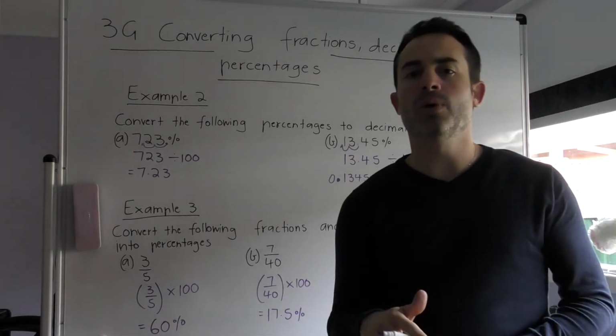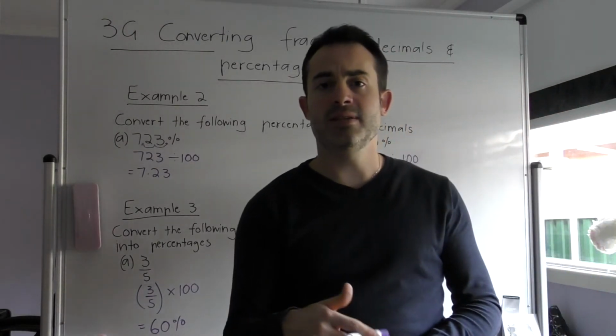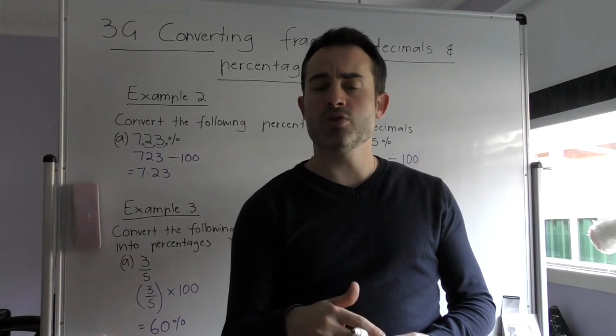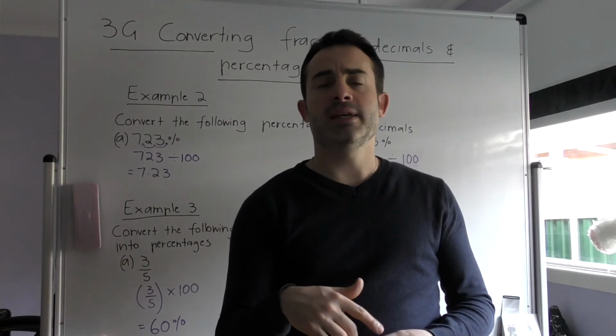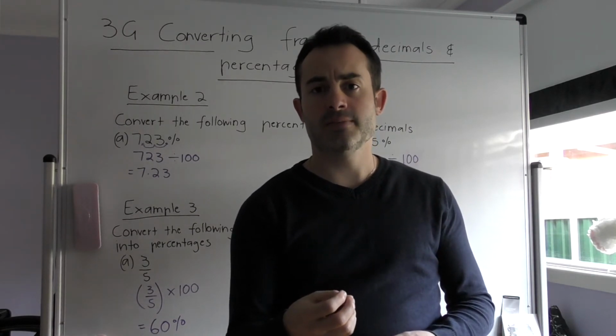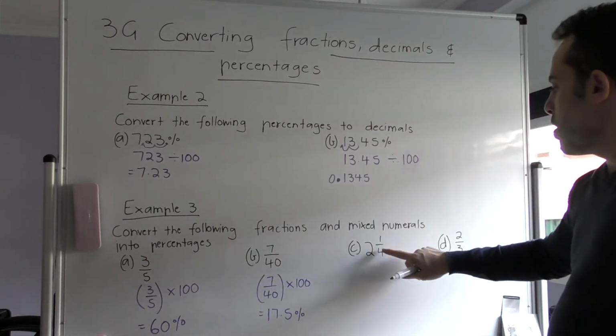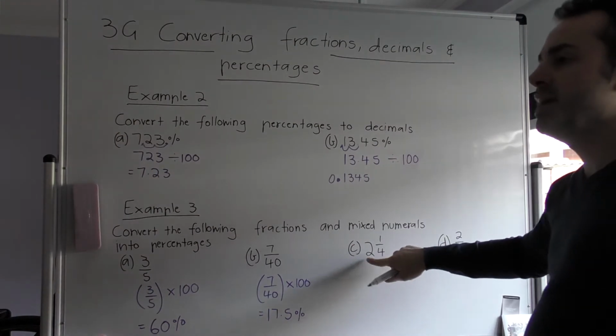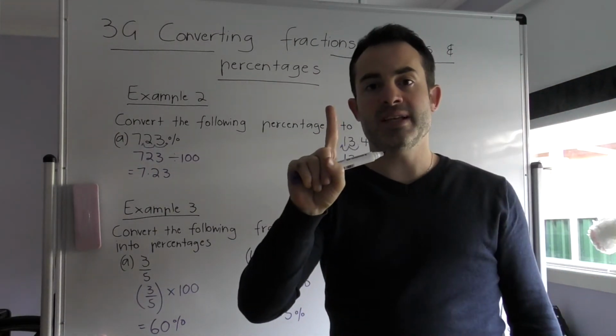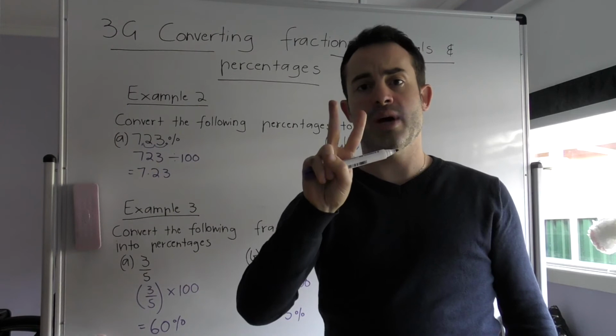Now we know that a quarter as a decimal is 0.25, and we also know that a quarter is 25%. So with this one, we've got 2 wholes here. Now 1 whole would be 100%, 2 wholes would be 200%.